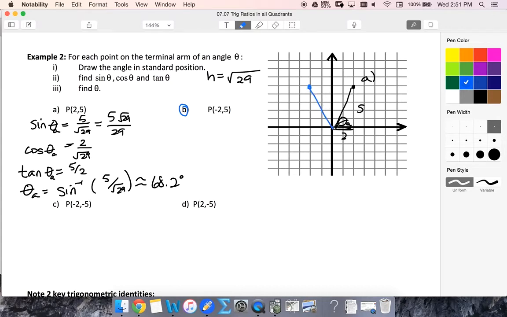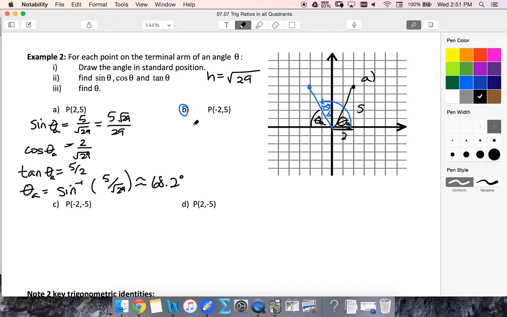So when I think about my angle B, it is going to be from the x-axis on the positive side over to the terminal arm. But notice that this triangle here is similar to this triangle. That means this reference angle here is going to be the same size as theta A.